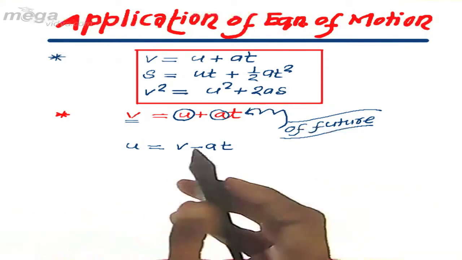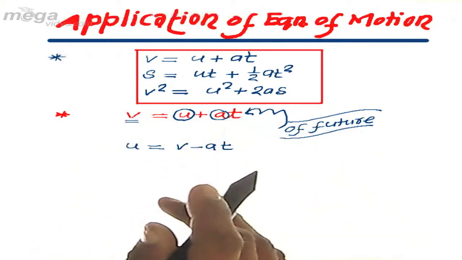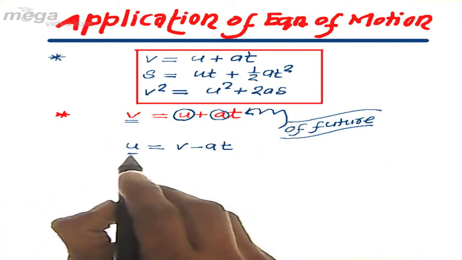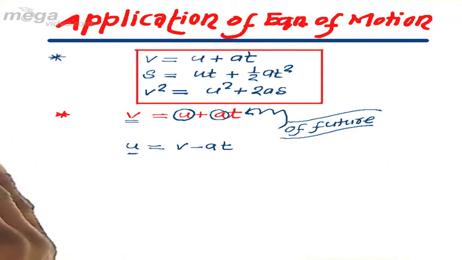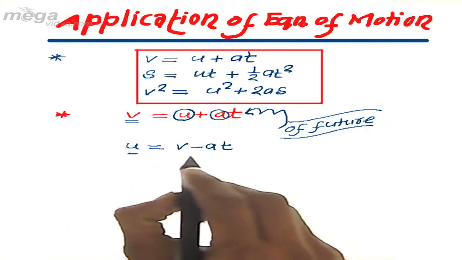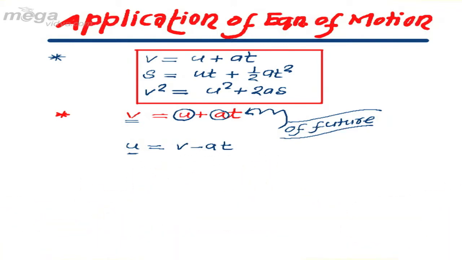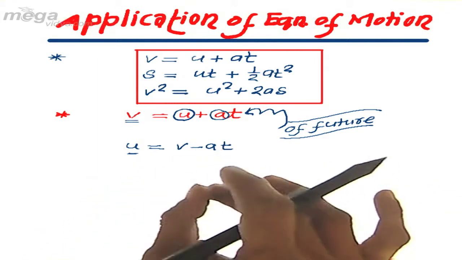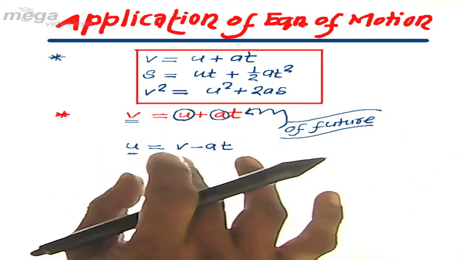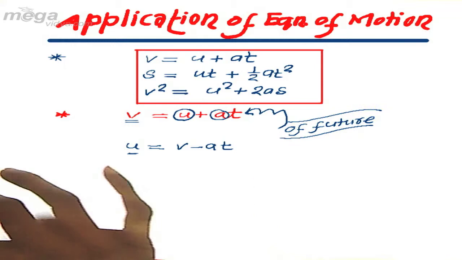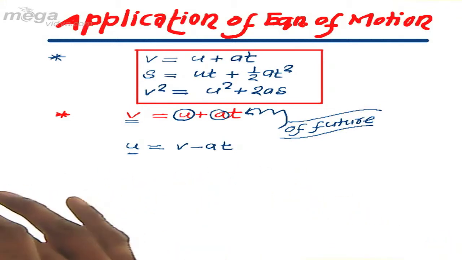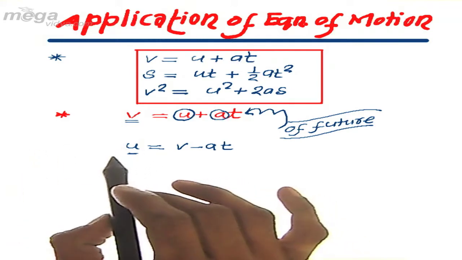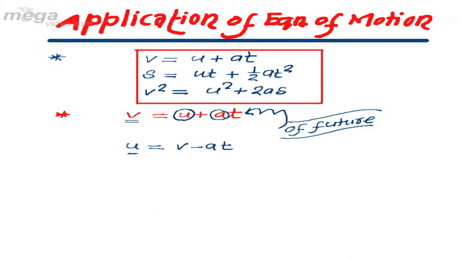I just reformed this equation: I brought the at part towards the v, wrote u on the left hand side and v minus at on the right hand side. Generally we write the known values v, a, t on the right hand side of an expression, and we take the unknown one towards the left. Now here u is written as v minus at.